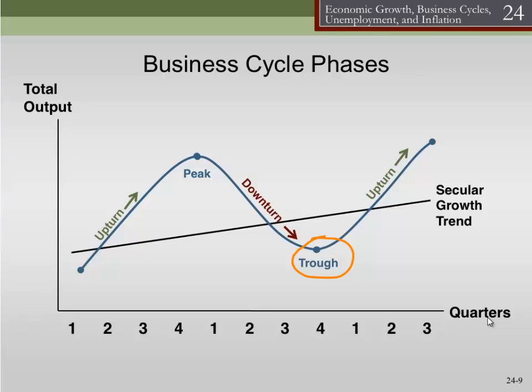But notice, what's the difference between right here and right here? The difference is simple. Here, the economy sucks and it's getting worse. Here, the economy sucks and it's getting better.